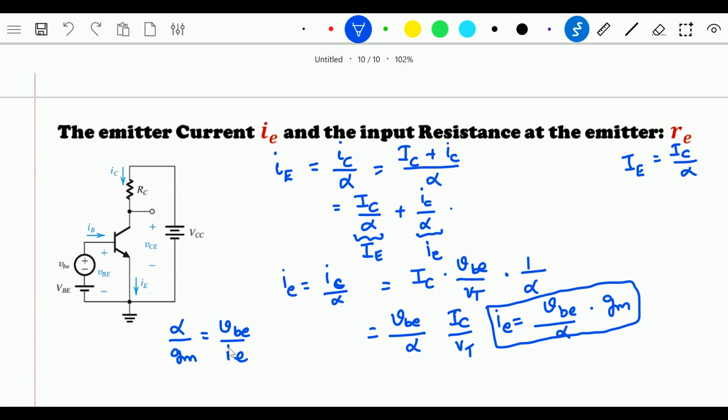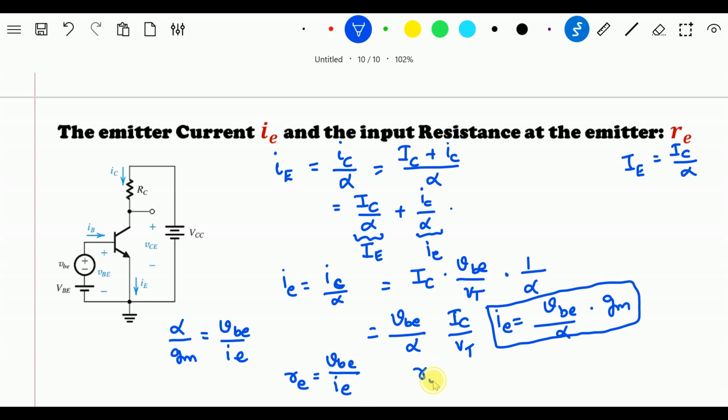Therefore, I can say that this small VB by IE is nothing but RE, and I can also say that RE equals alpha by GM. Now this is the input resistance at the emitter, which is RE.